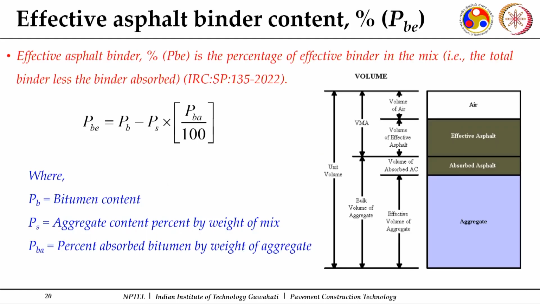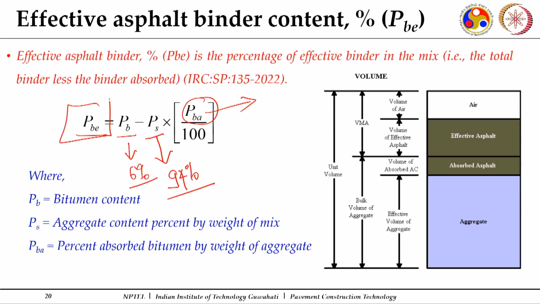And then finally, once this PBA is there with us, you can work out how much is the effective binder, that is, how much is free with respect to the total weight of my mix. For this particular one, PB is the actual binder content which you have inserted. For that example, we took 6%. PS will be the remaining, the percentage of aggregate, and then whatever PBA you work out will be mentioned here.